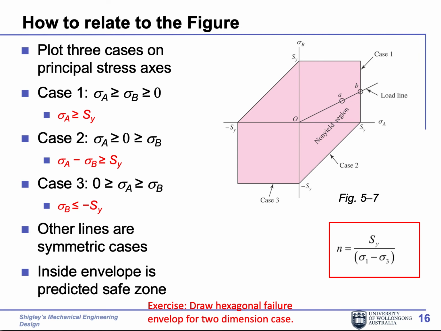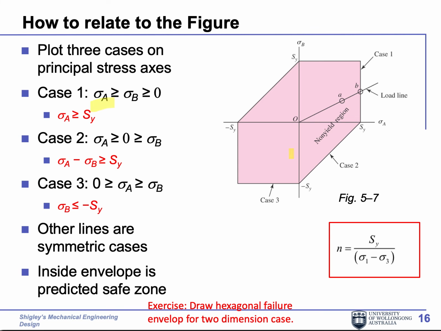So in the book or in the lectures, we mentioned a way of looking at this in quadrants. Basically we have three cases. If sigma A and B are both larger than 0, then the larger one of the two is our limit.